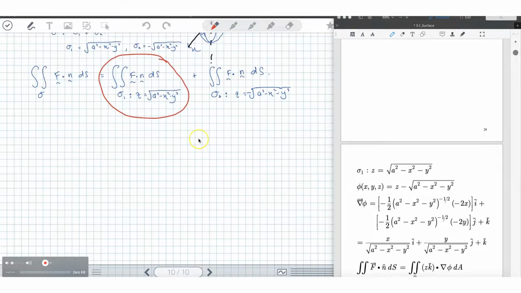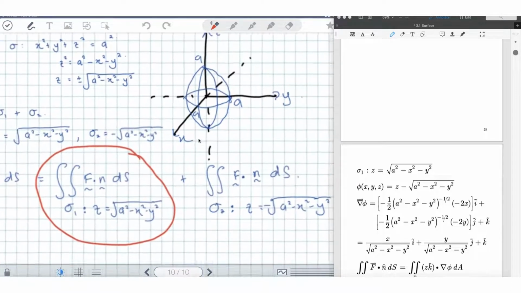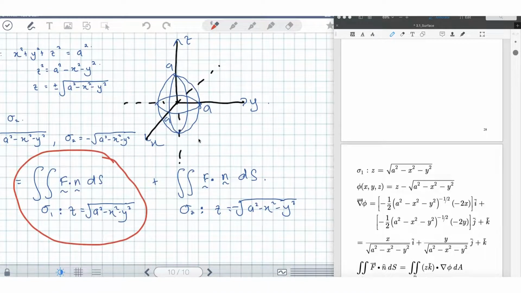From the sketch, which one is sigma 1 and which one is sigma 2? Sigma 1 is positive z, the upper part of the sphere, which is just the hemisphere where z is positive. Only this surface, up here.